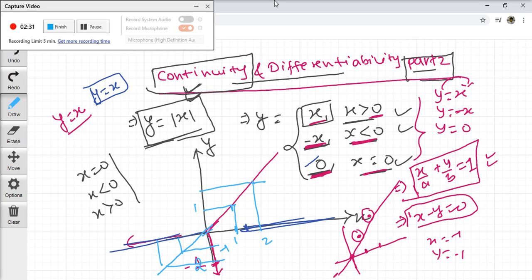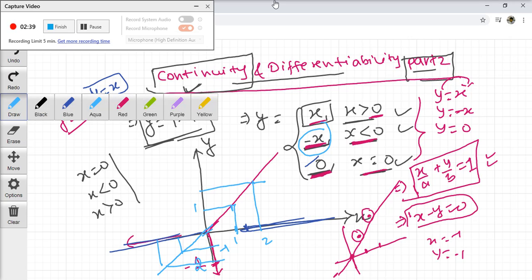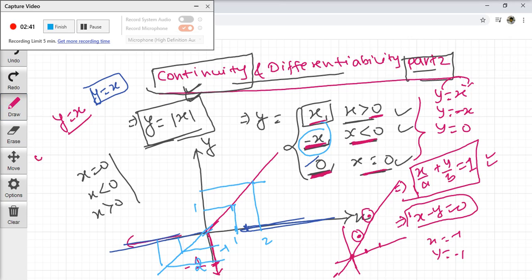But if you draw the graph of y is equal to minus x, what will happen? The graph will be like this. y is equal to minus x means y plus x is equal to 0. When x is equal to 1, y is equal to minus 1, and when x is equal to 2, y will be equal to minus 2.